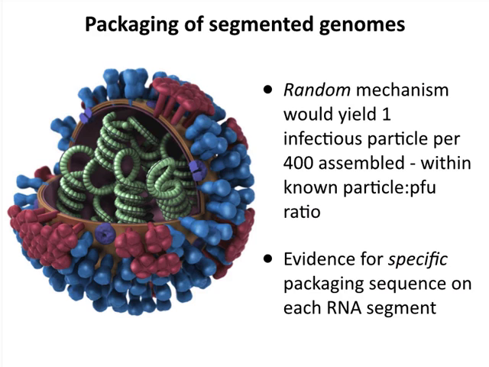So investigators thought, well, this could work because we know there are lots of non-infectious particles in every preparation of the virus. So maybe those are ones that just didn't get the right assortment of RNAs. So that stuck for many years. But now there's much better evidence that there's actually a specific packaging sequence on each RNA segment that mediates their incorporation into the particle, and that's shown here.